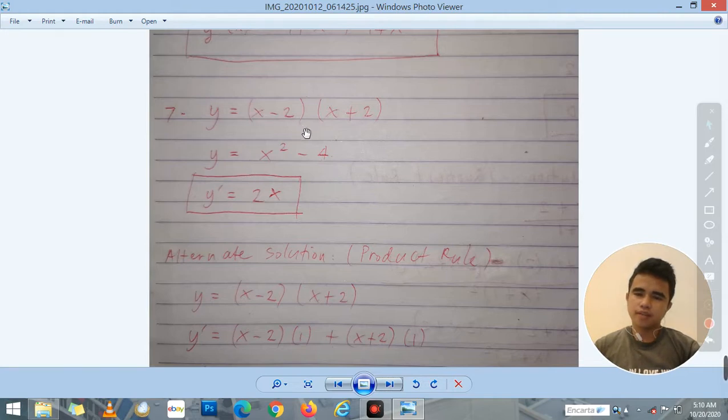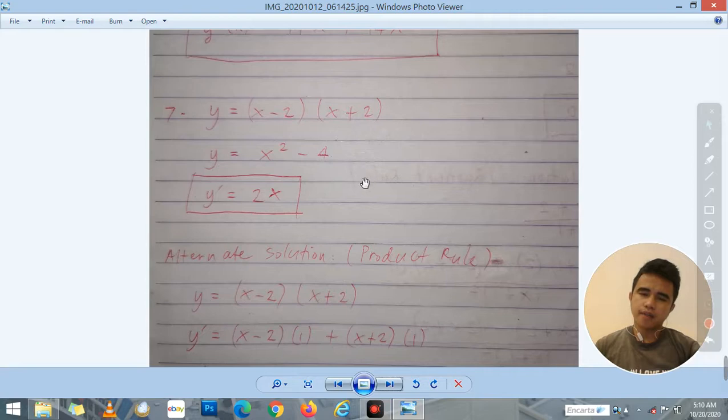Okay, this is the product of sum and difference of a binomial. Applying FOIL method or applying our formula, it gives us x squared minus 4. So this is in your algebra. So you need to review your algebra. Okay, this function is being simplified to y equals to x squared minus 4.